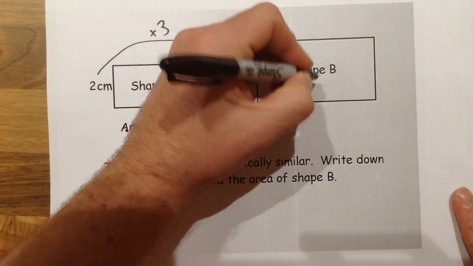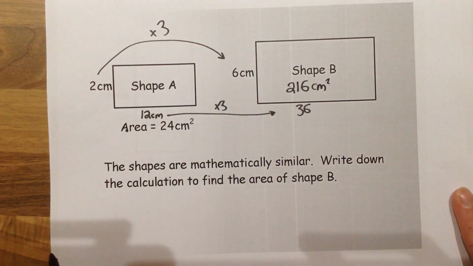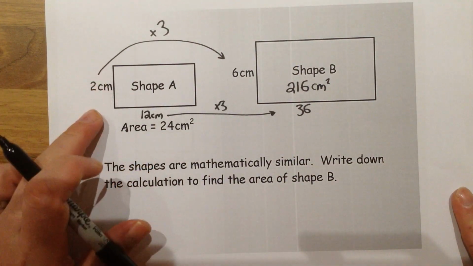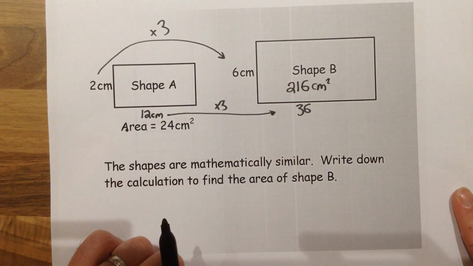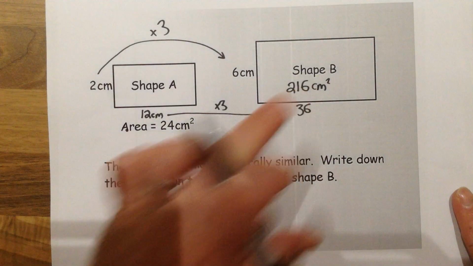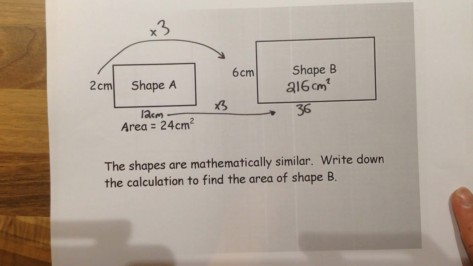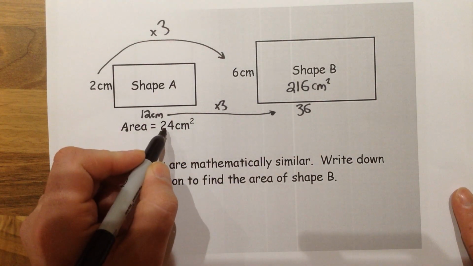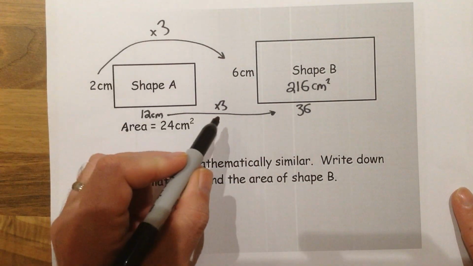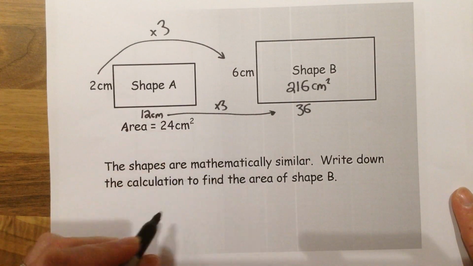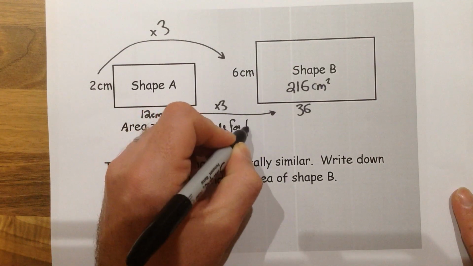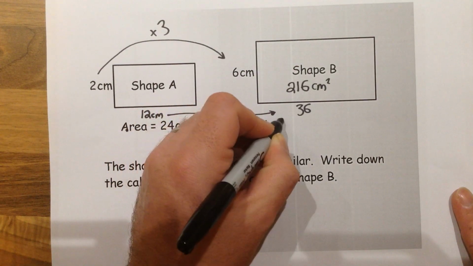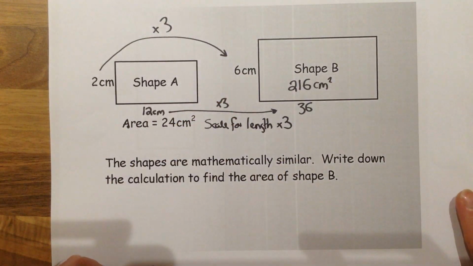216 centimetres squared. Now if you notice, the scale factor for the side was 3. However, the scale factor for the area, 24 times 3, does not equal 216. What we've actually got here is that we have timesed the area by 3 and by 3 again. So what we get is this. The scale factor for the length of a side is 3, or times by 3.